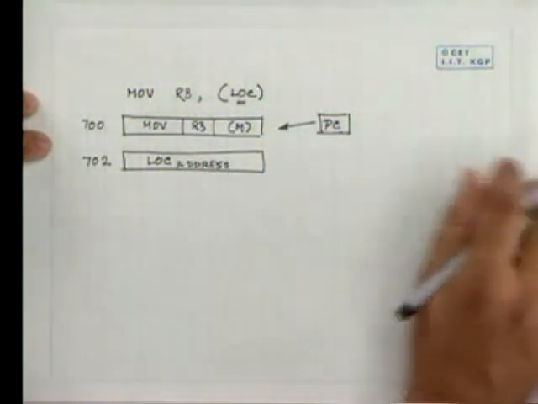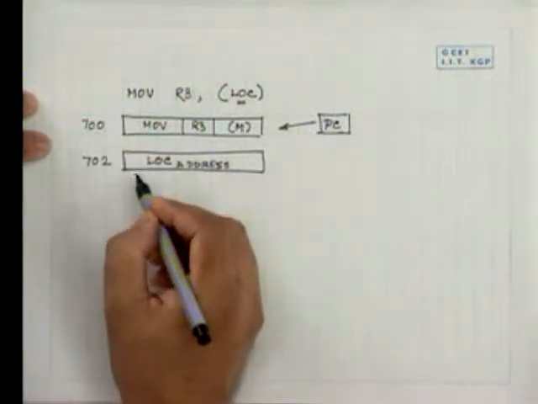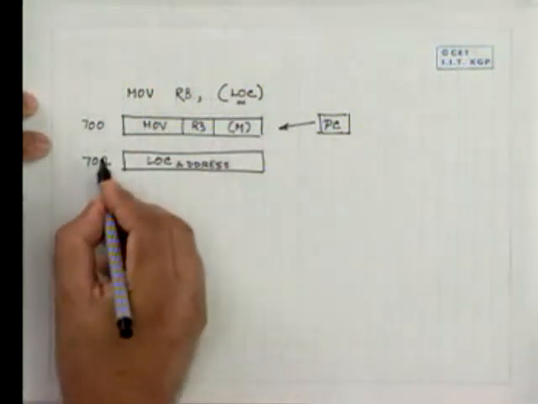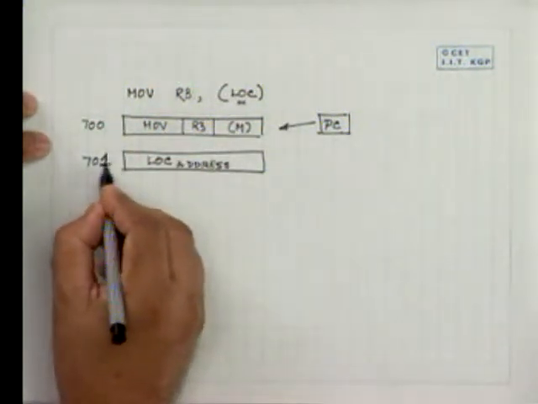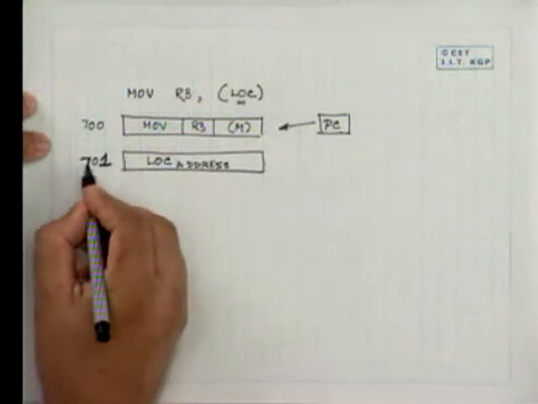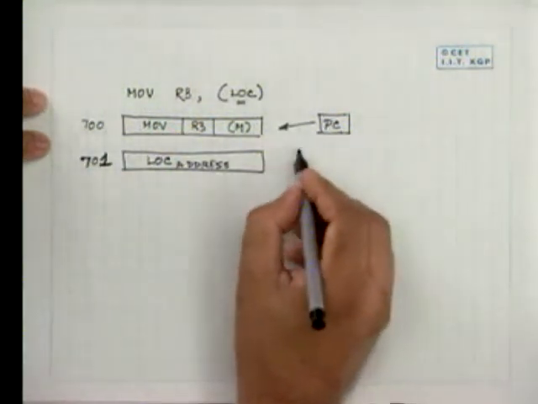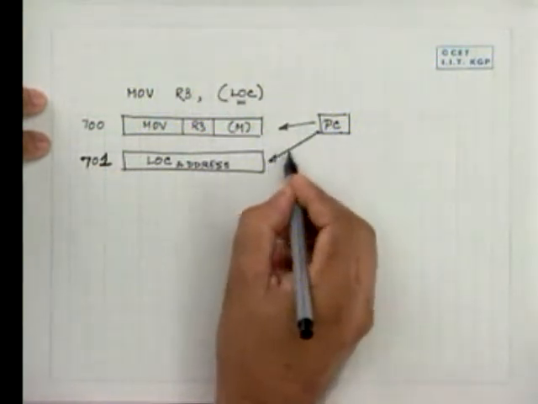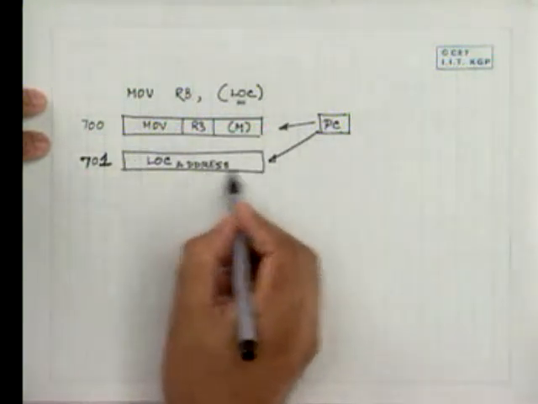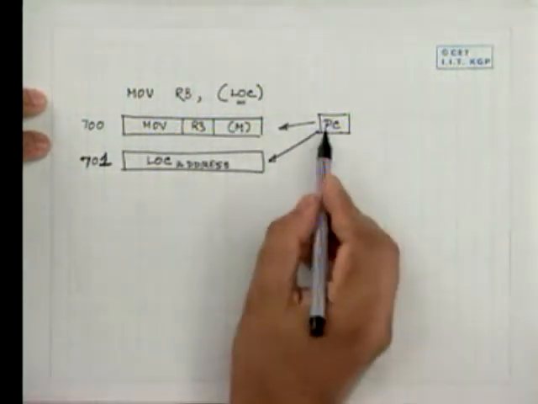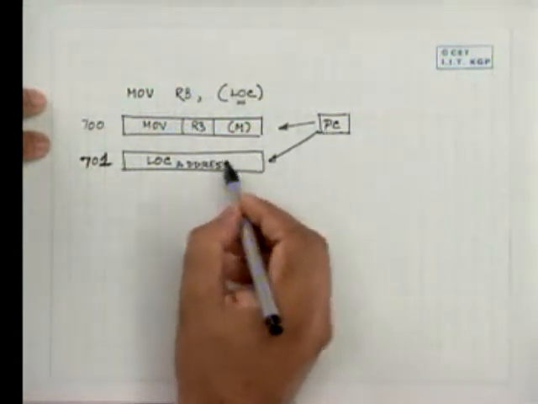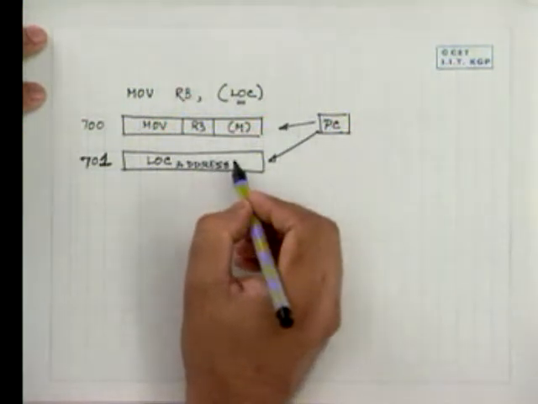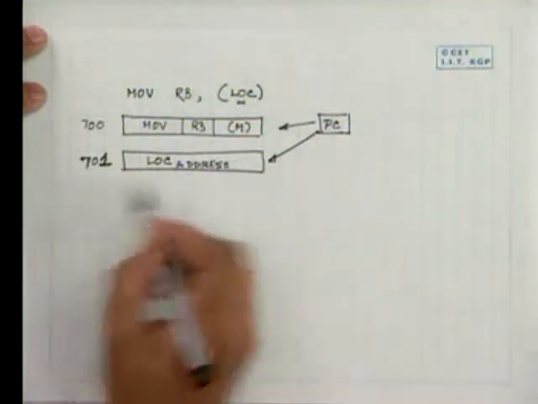Basically, the program counter will be incremented by 1 or 2 depending upon the word size. If we say that its word size is the entire word, then the program counter will be incremented by 1, and we say that this address is 701, okay. In any case, the program counter will be incremented to the next word, and now the program counter is pointing to the address of the memory location from where the address of the actual operand has to be fetched.